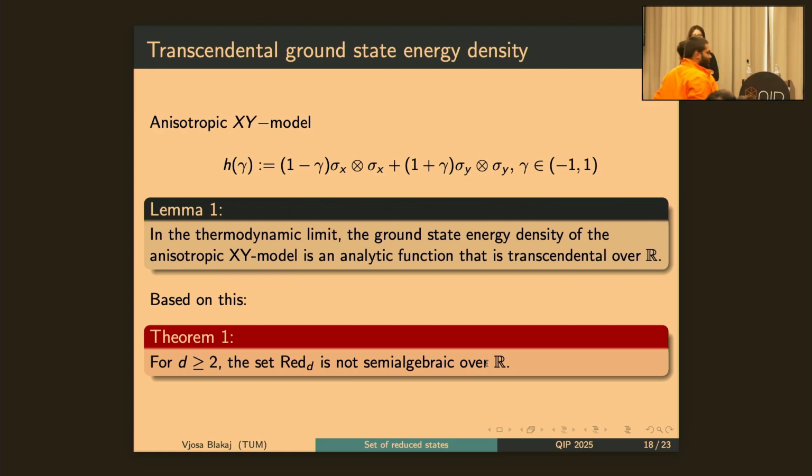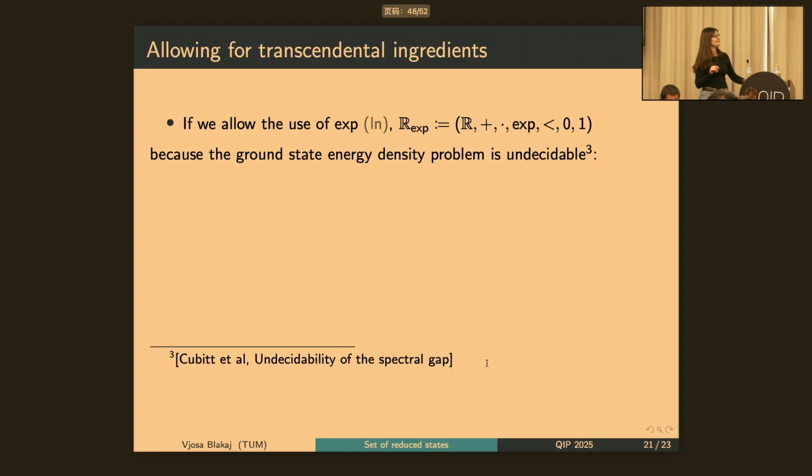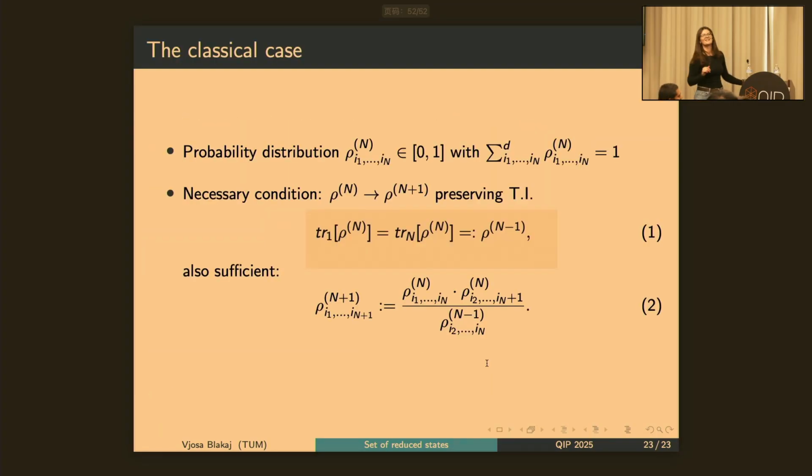Just a small comment: for 2D, my collaborators and I, more than 10 years ago, proved that classical translation invariant distributions in 2D are already not semi-algebraic. Very good point. I put up a slide at the end to show that the classical case for the lowest dimension is actually semi-algebraic.